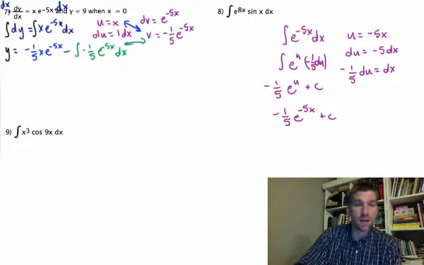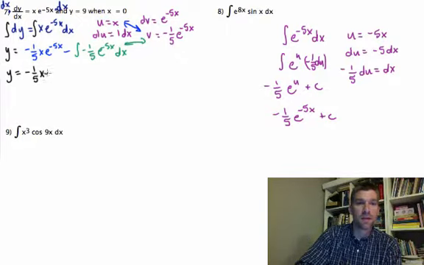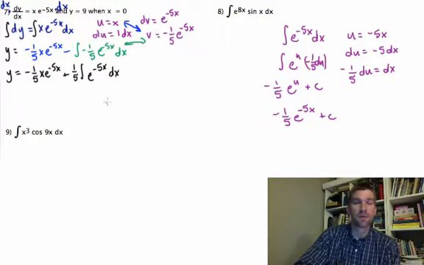Not too bad. Just take one step and clean it up. I'll write it all in black this time. So negative 1/5 x e to the negative 5x, and I have a constant here, so it can come out. And it looks like this.